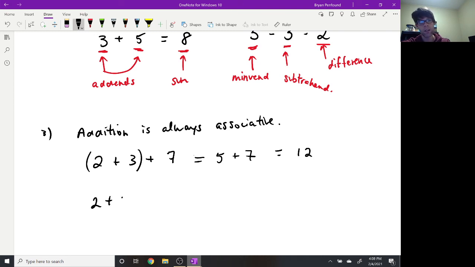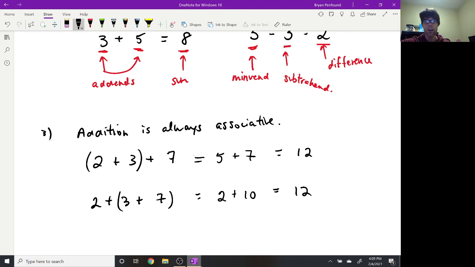The other way that we could start simplifying this is by starting with the number 3 and adding 7 to it. And if I start with the number 3 and add 7 to it, I'm going to get 2 plus 10, which is also equal to 12. So this is what we mean by associativity. Either we could start with the first two numbers, add them together, then add the third one, or we could start in the middle and do that second addition first, and then add to it the first one. So addition is always associative.